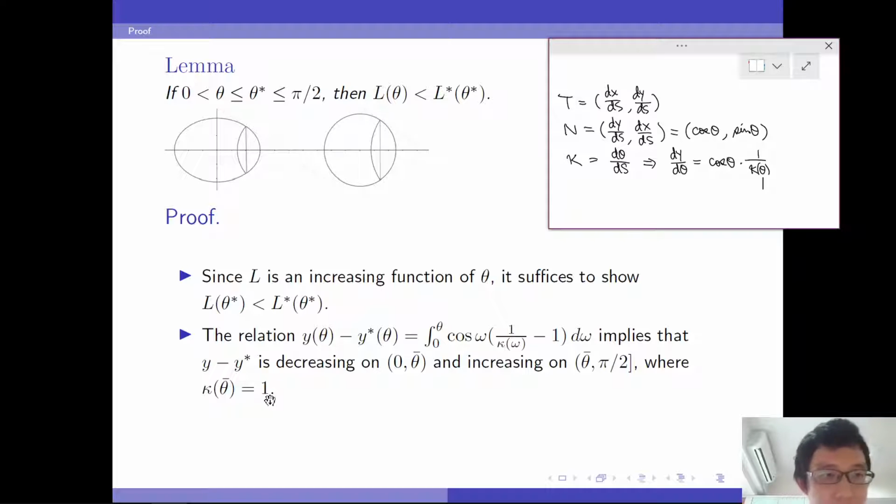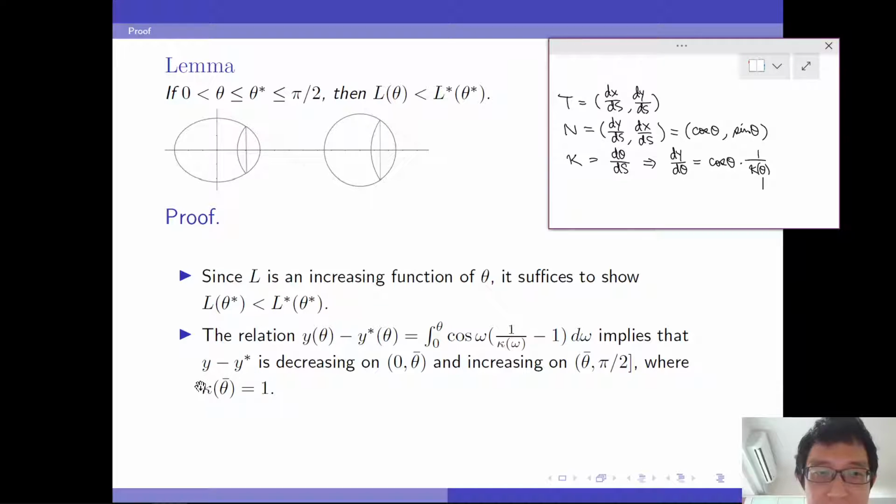Here we use our assumption that there are only four vertices on the boundary of omega. Therefore, the curvature is strictly decreasing from the maximum curvature to the minimum curvature. There is no critical point for kappa in this part.